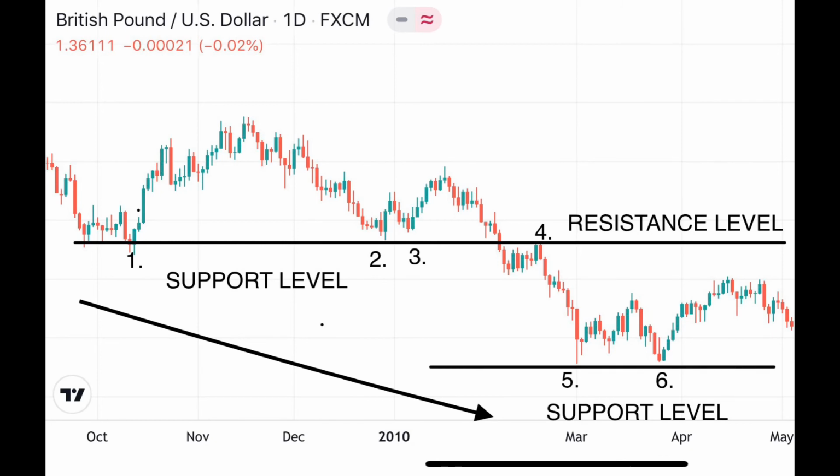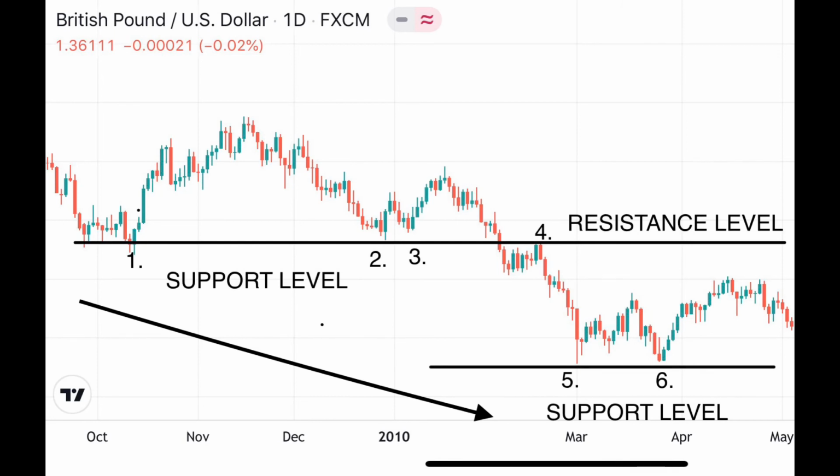Yeah, and so whenever price breaks a support level and corrects to that level, it is called the resistance level. When it corrects and it doesn't go back up, or when it corrects and it comes straight back down, that level is called the resistance level.